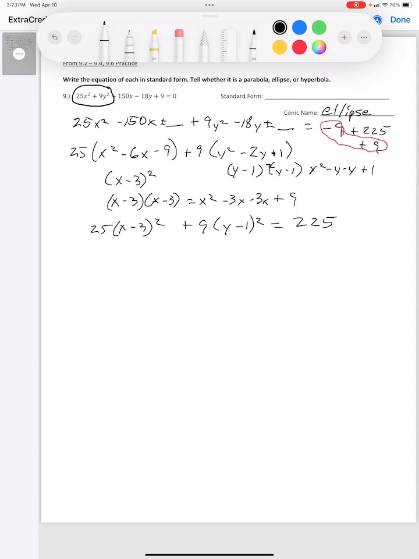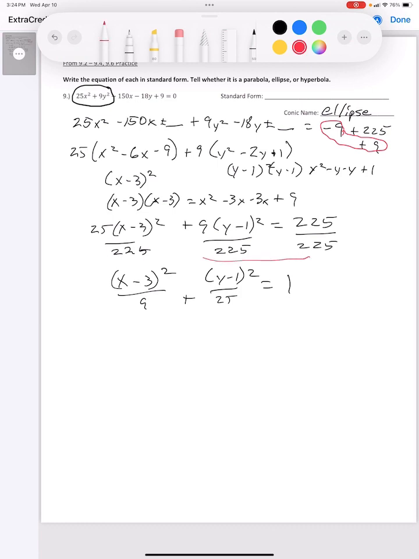Well, this has to be 1. The equation for an ellipse is equal to 1, so I'm going to put that over 225 to get that to 1, and I got to do the same thing on both of these, 225. 25 will go into there 9, so that's x minus 3 squared over 9, plus 9 will go into there 25 times, so y minus 1 squared over 25, and that's going to be equal to 1.